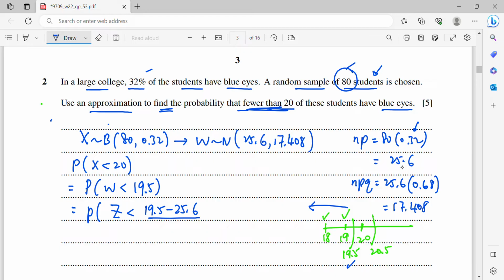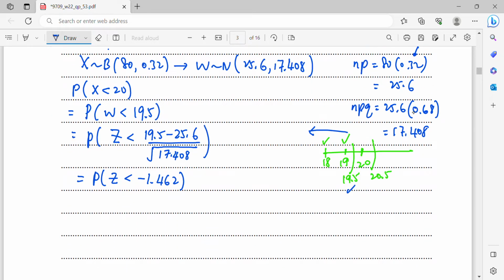This 17.408 is actually the variance, so to get the standard deviation, take the square root of the variance. Then you will get P(Z less than negative 1.462).